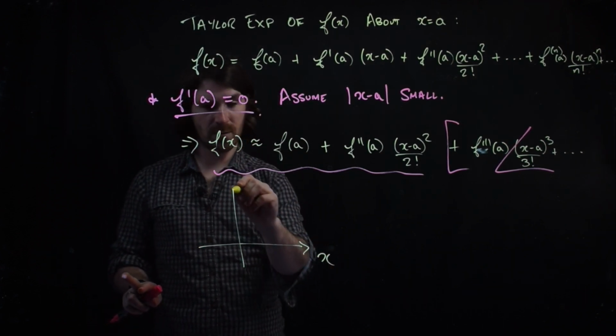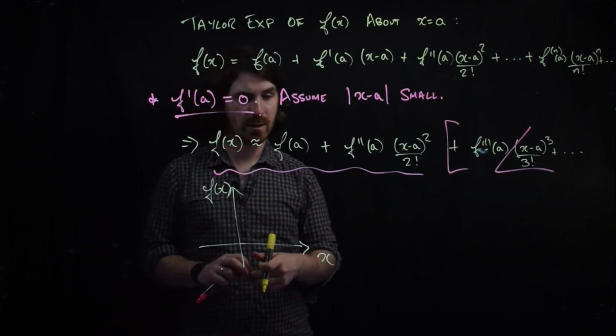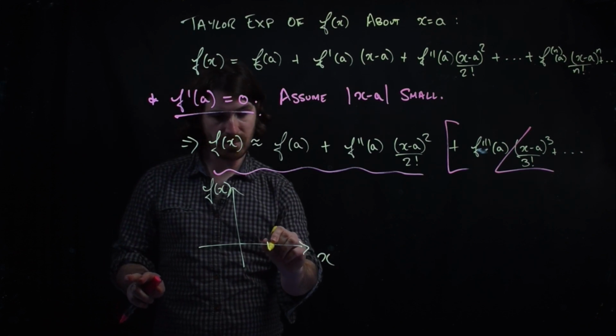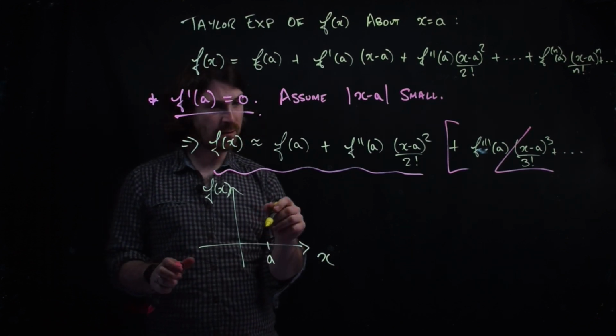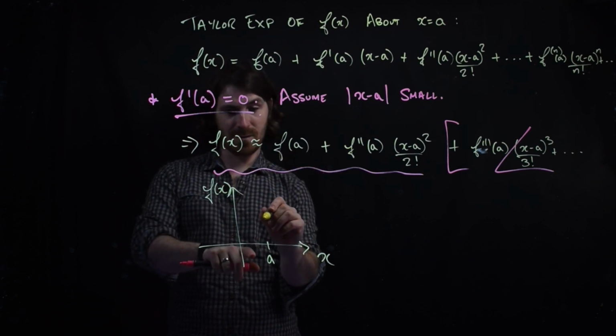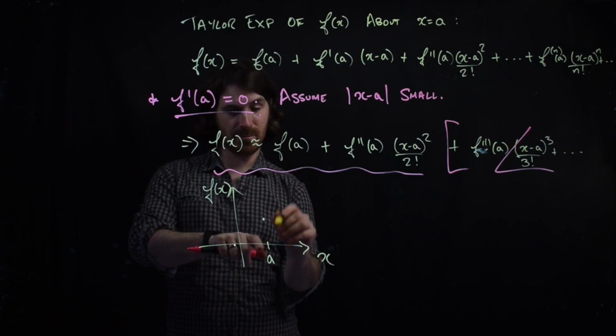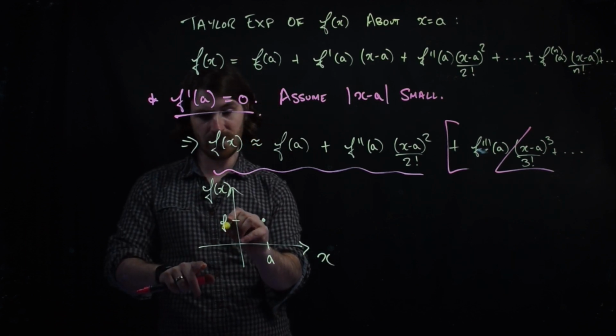And if we see what our function looks like, here's x, here's f of x, and here's the point a. Then we see that our function looks like a constant term, f of a, so this value is f of a.